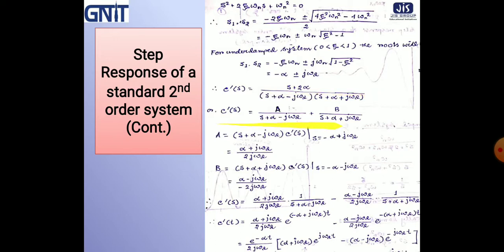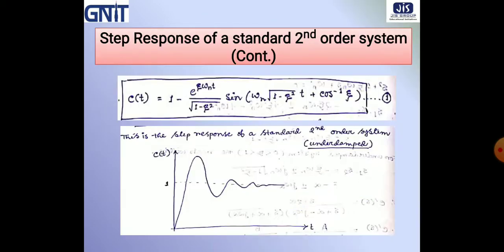And if we apply the partial fraction method here, then after lots of calculation, we will find the step response of a standard second order underdamped system like this. This is our main equation, which is marked as equation number 1. You have to remember this equation.